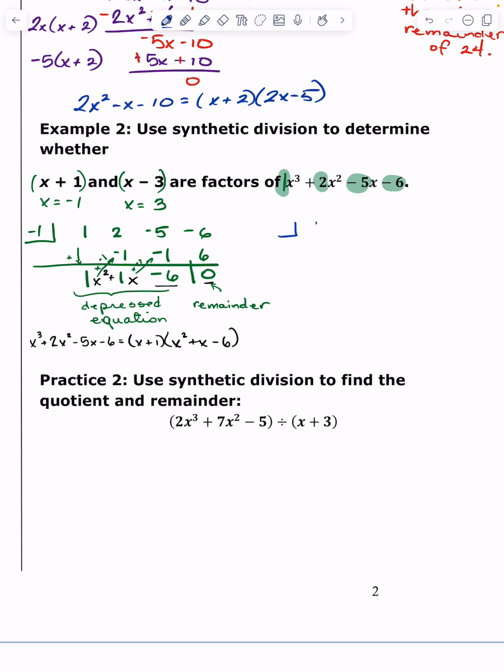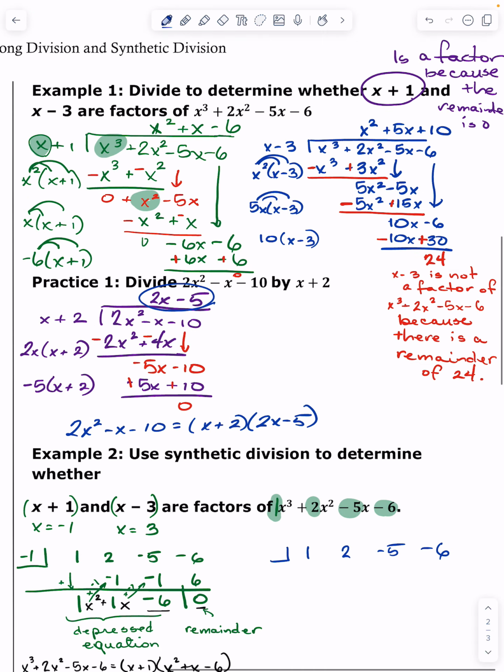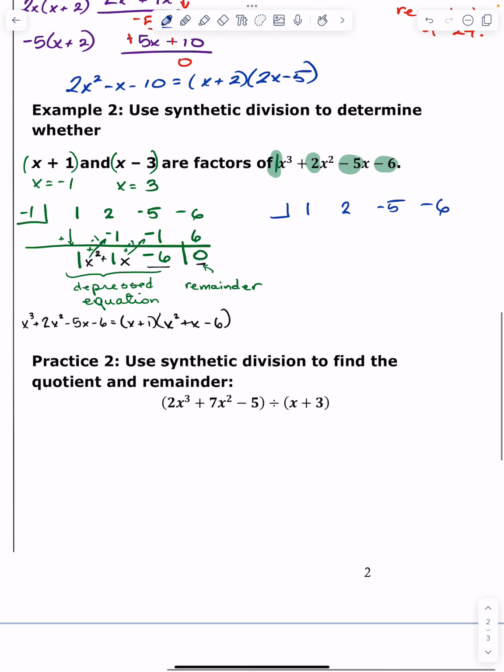So let's try this again. And you notice this is the exact one that we did when we did our first long division. We also got a quotient of x squared plus x minus 6, same as we got down here. This time, the 3 goes into the box. Again, I am adding straight down. 1 plus nothing is 1.